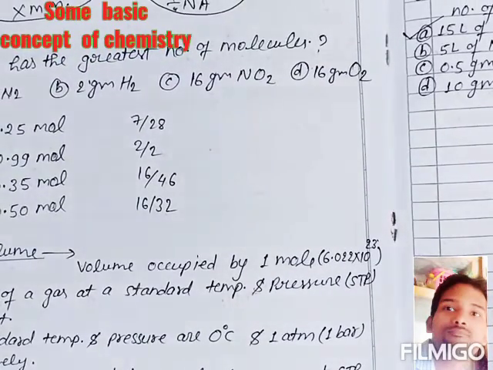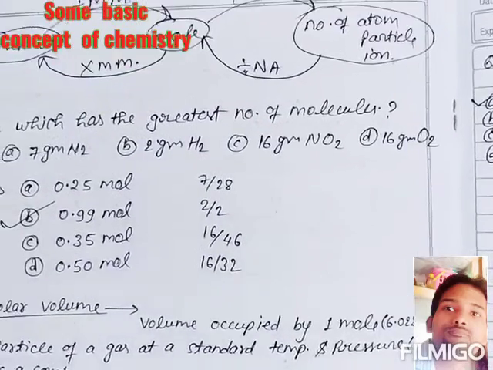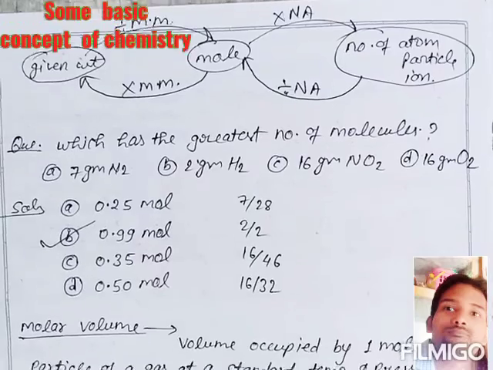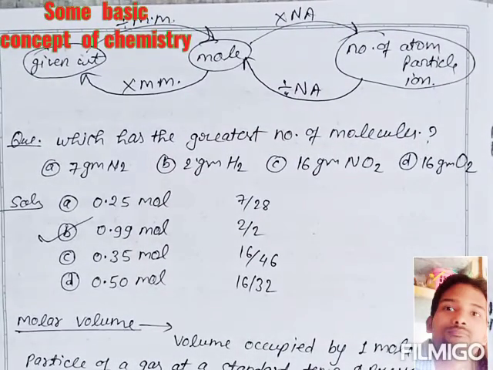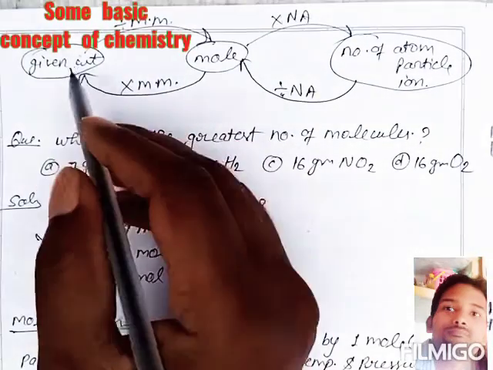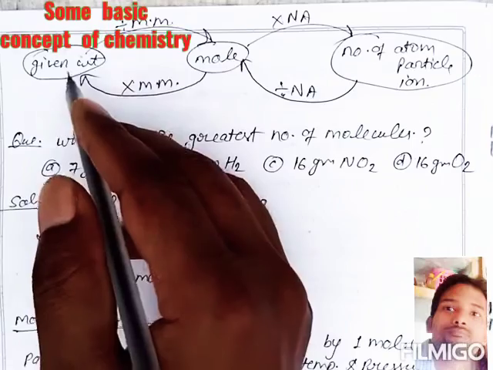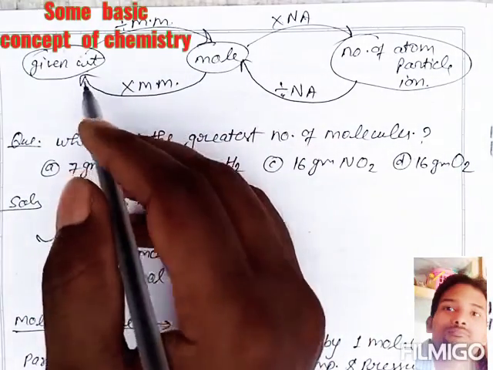So students, mole is a very important terminology, and I think you will remember these tricks by taking these examples. First, listen: if the weight is given and you are going to find the moles, then what will you do?